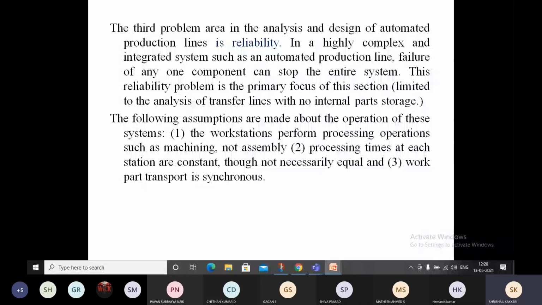To analyze the reliability of the plant, we will make some basic assumptions. First, the workstations perform process operations such as machining, not assembly. We are not going to do any derivations; to analyze the automated flow lines, we simply assume it is performing machining operations. Second, the processing time at each station is constant.